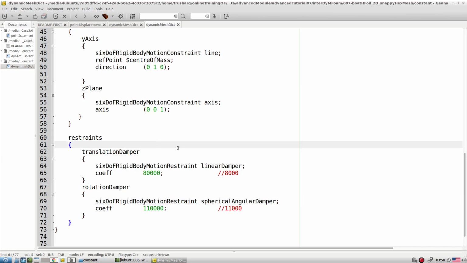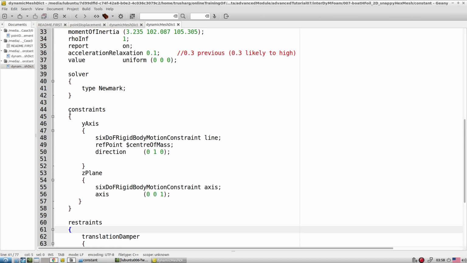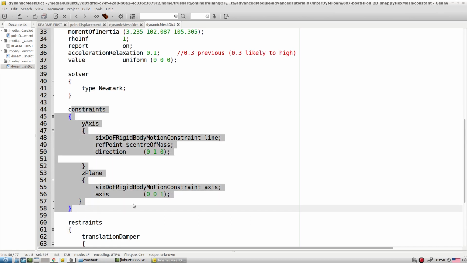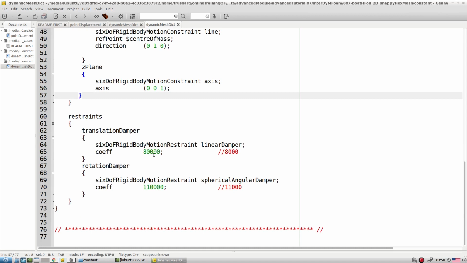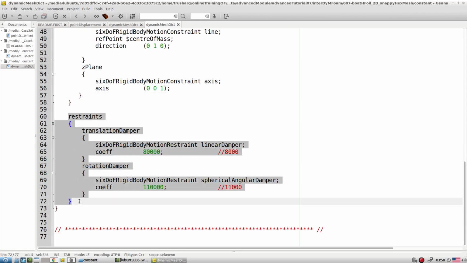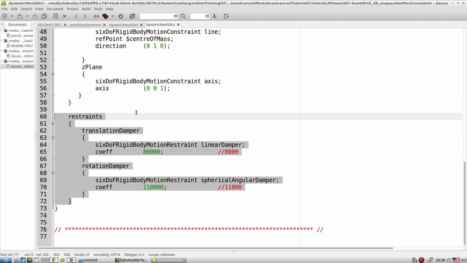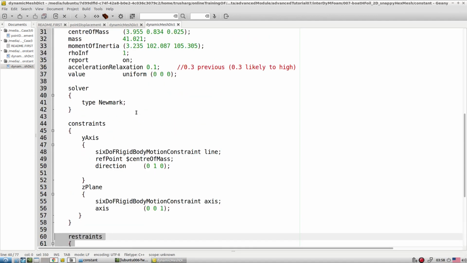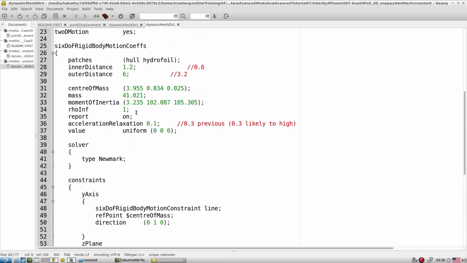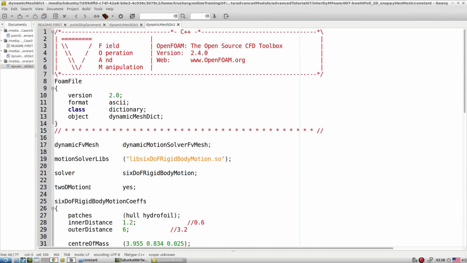With the constraint we are restricting the movement, but with the restraint we are damping, or sometimes facilitating, the movement, based on the spring-mass balance concept. If you have the knowledge, you can incorporate all of that here as well. Both the restraint and the constraint options are available, so these are all entries we have to set for a 6 DOF.